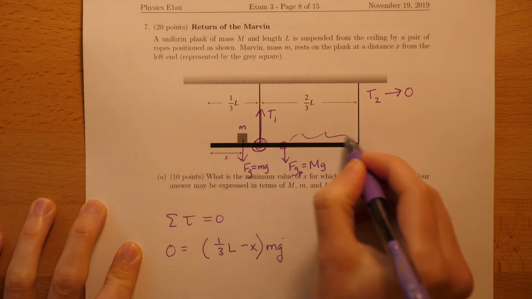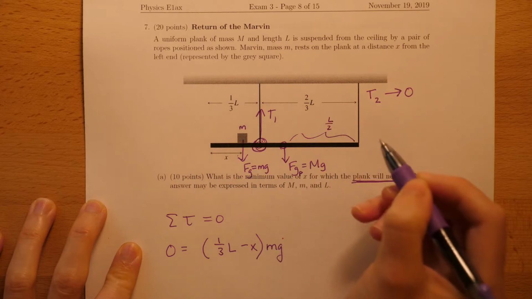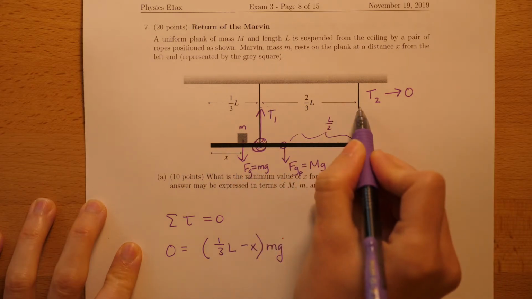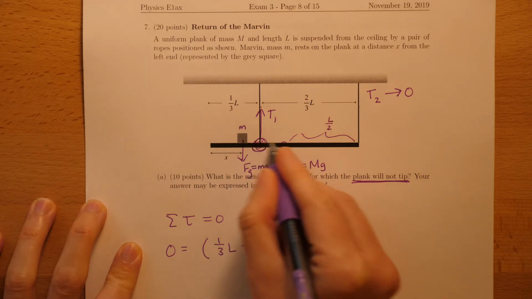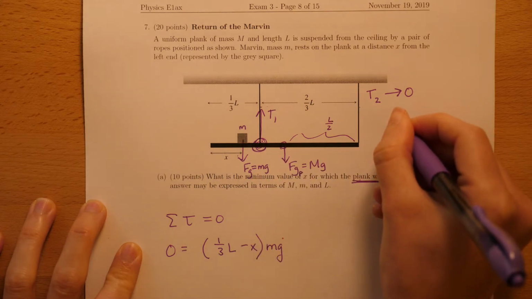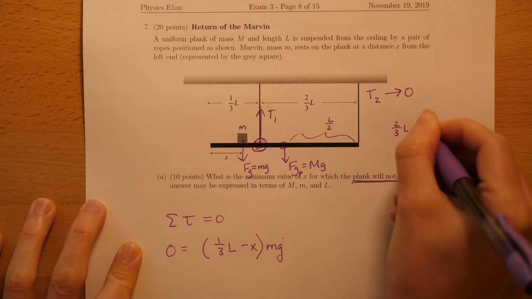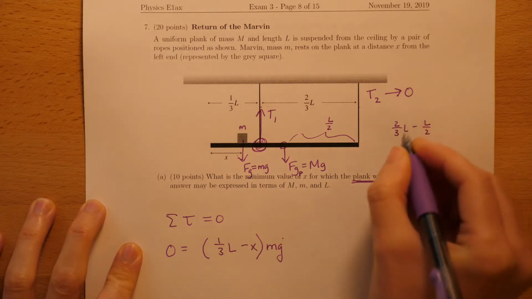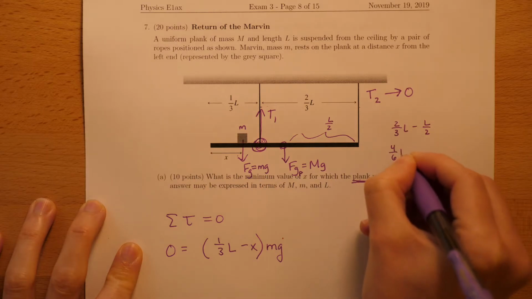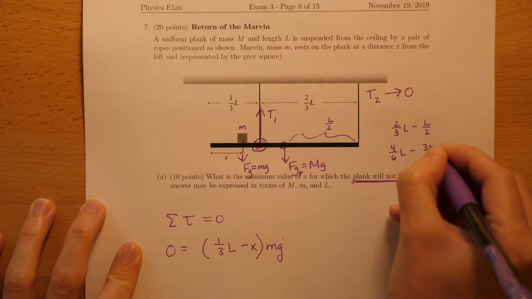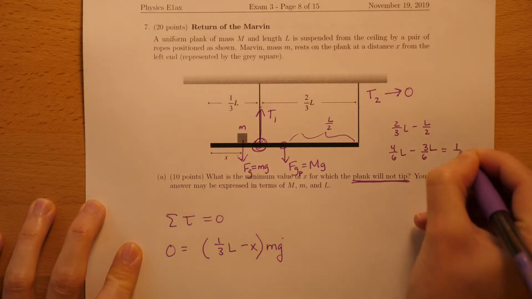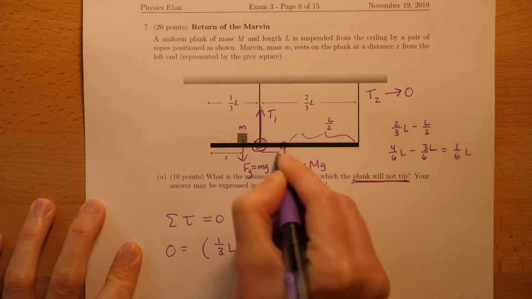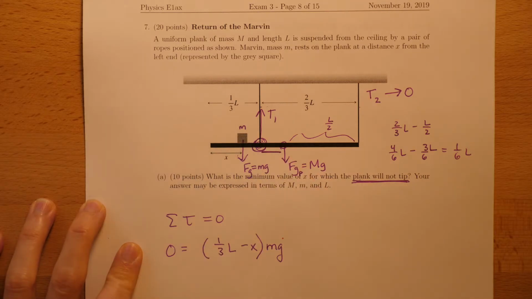This distance is L over 2, and this distance is 2/3 L. So this distance right here is 2/3 L minus L over 2. That's 4/6 L minus 3/6 L, which is 1/6 L. So this little distance right here is 1/6 L.